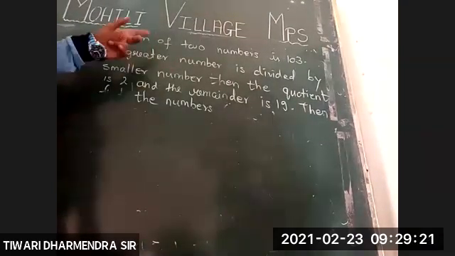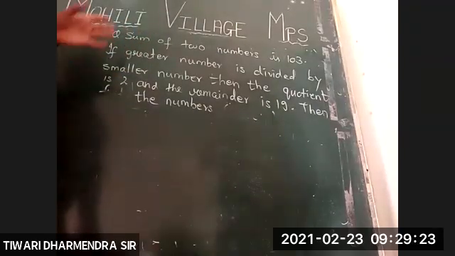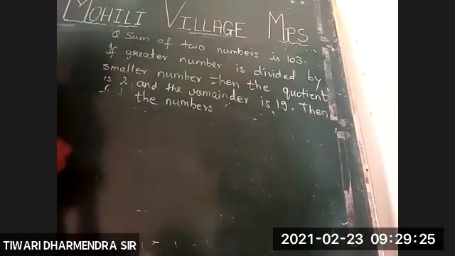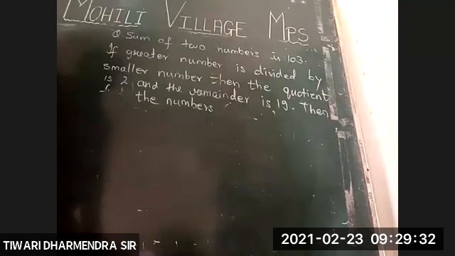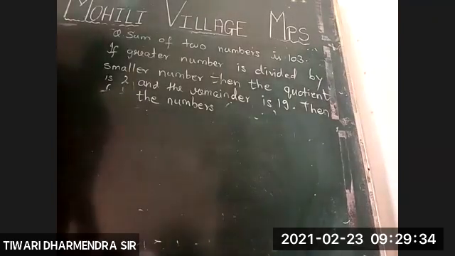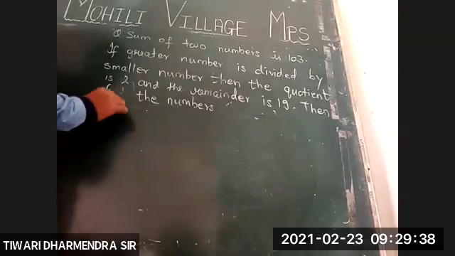As they have given the condition of greater number and smaller number, if you do not assume it that way, your problem might go wrong. So understand it properly and then frame the solution.